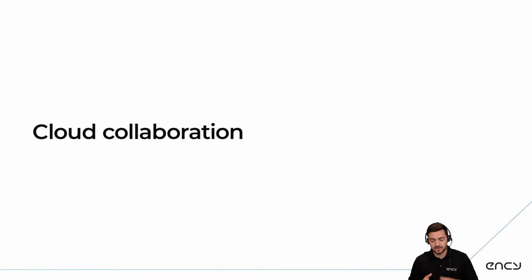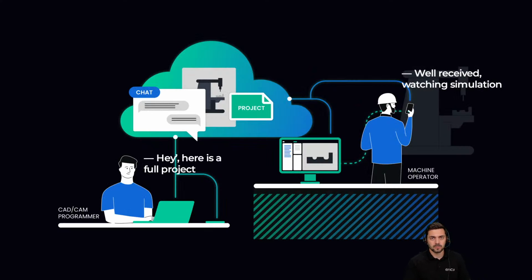Having this in mind, let's take a look at what our workflow looks like now. Let's say the CAD/CAM programmer is creating an ENCY code. Instead of sending just an ENCY code file and setup sheet to the machine operator, he is sending the full project to the shop floor.